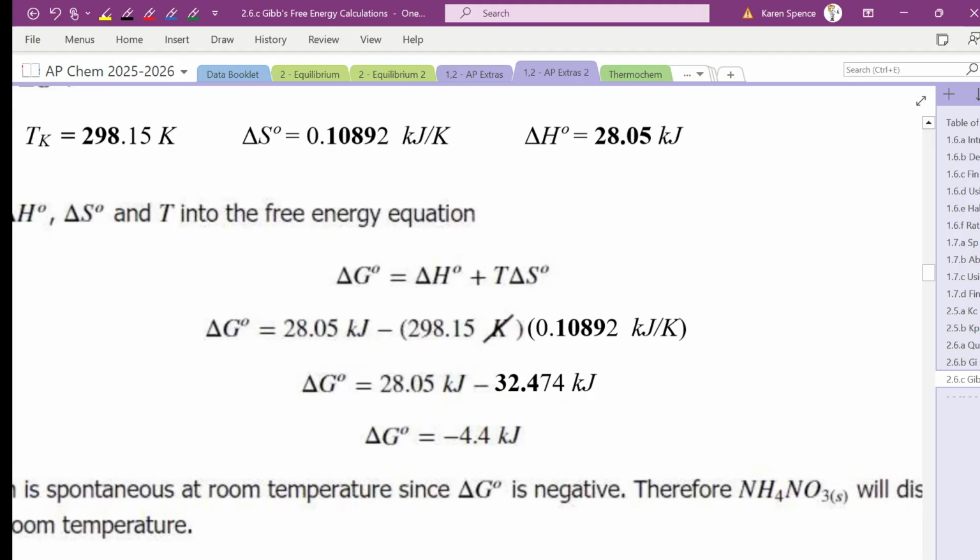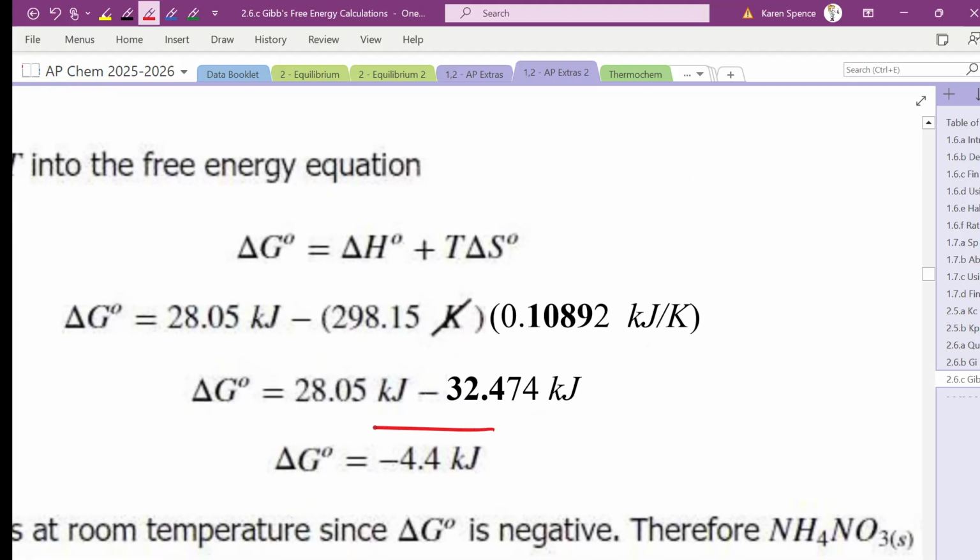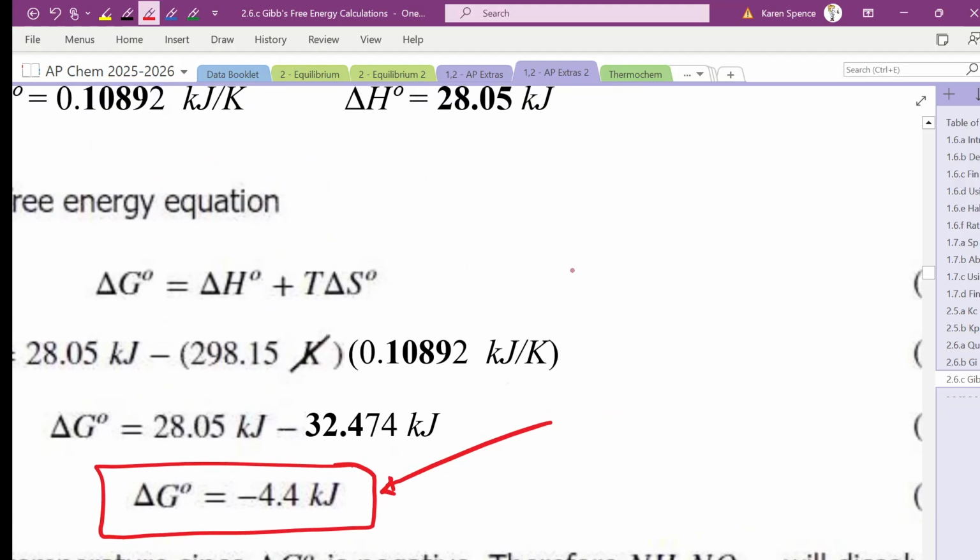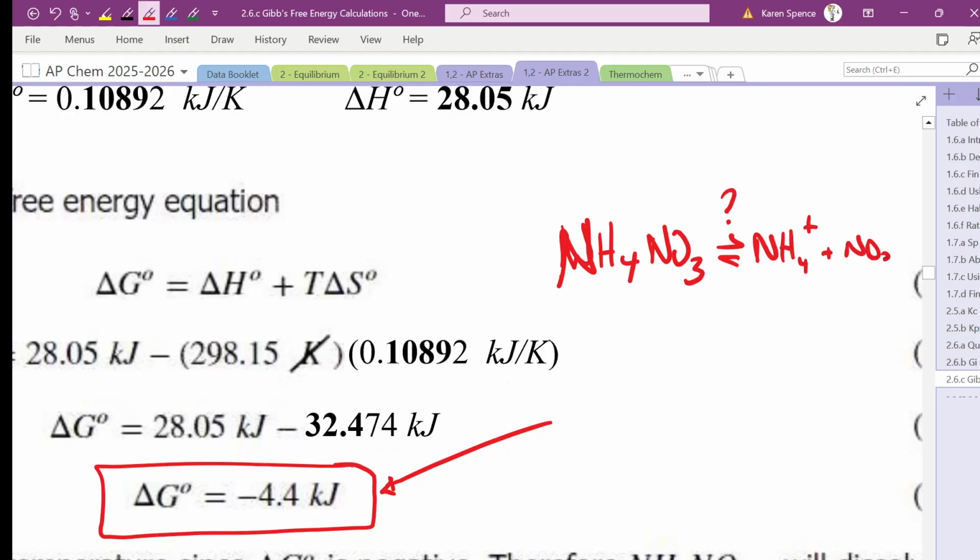And we get delta G is negative 4.4 kilojoules. What does that tell us about the solubility of ammonium nitrate? Because remember, this was our NH4NO3, NH4 plus, NO3 minus.